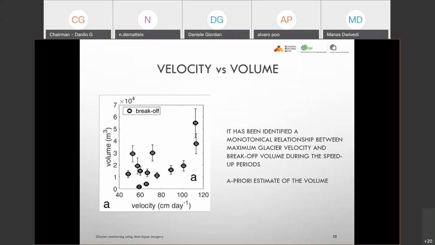And this is important because it allows us to estimate the volume before the collapse. This estimation is not very precise, but it is important because the order of magnitude can be estimated.